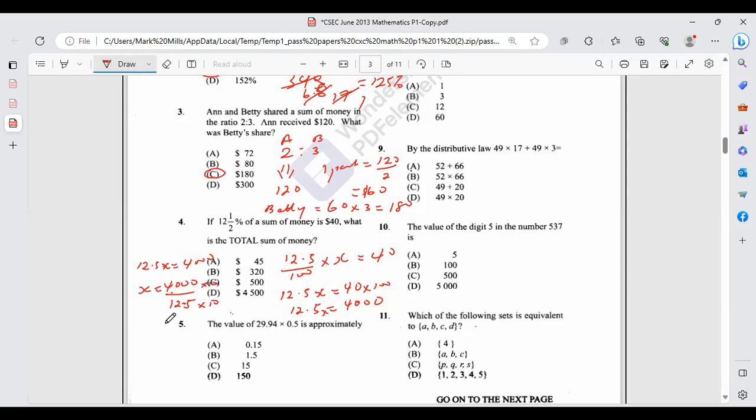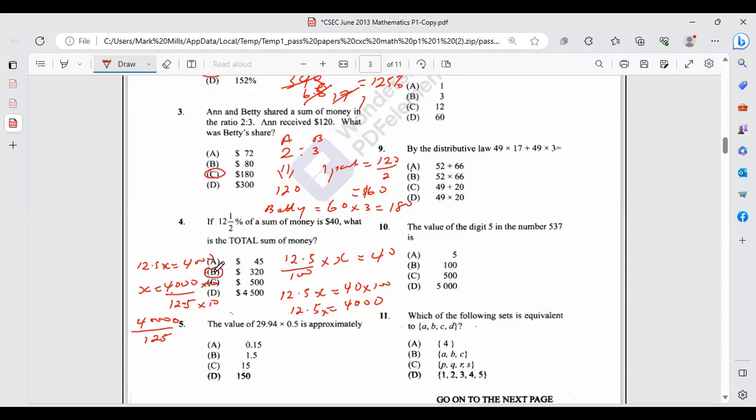So 4,000 times 10 gives us 40,000 divided by 25. What do you get? 1,600. So the answer is 1,600. Everybody get that?